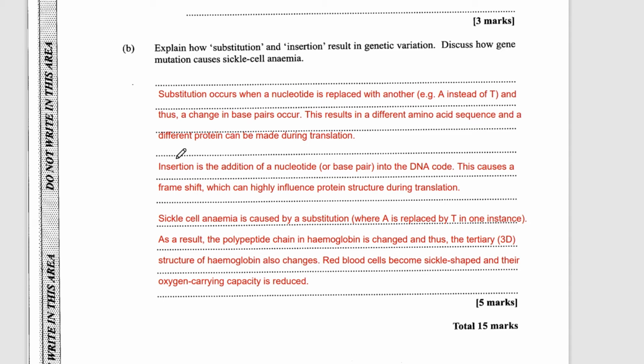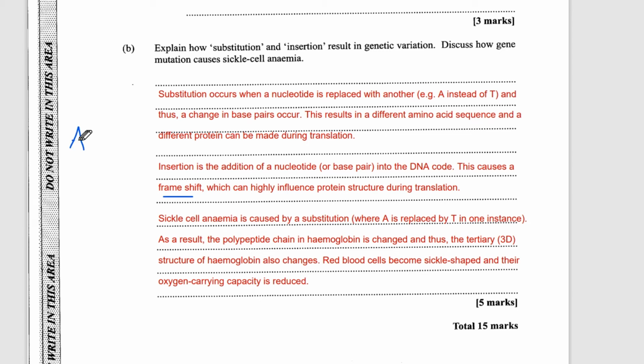Insertion, on the other hand, is where you end up with the addition of a nucleotide or base pair in the DNA code. And what will happen there is that because bases are read 3 at a time, this is going to cause a frame shift. And a frame shift means that the whole thing is going to get thrown off.